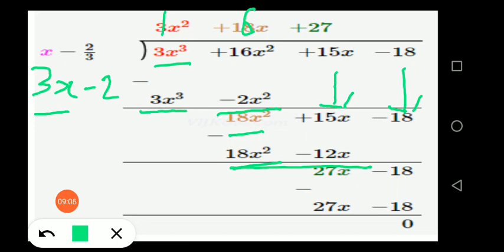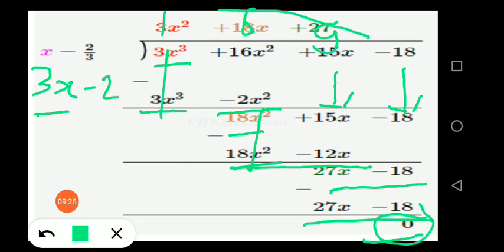And then on subtraction, this will get cancelled, and here we will get 27x minus 18. Now 3x and 27x, what will be the quotient? 9. Good. So here it will be 9, and the remainder remains 0.